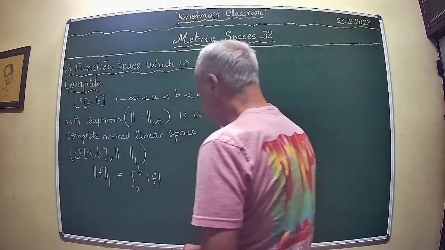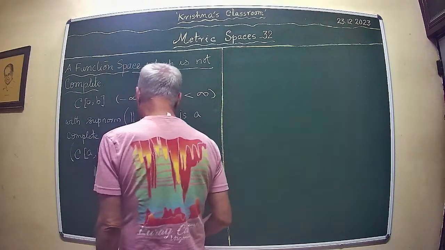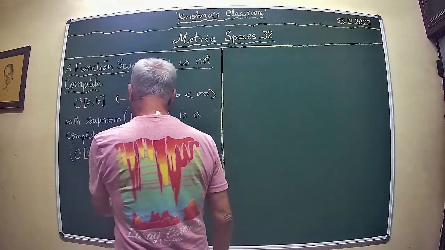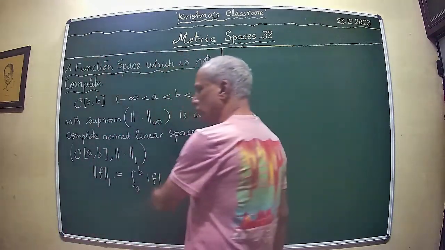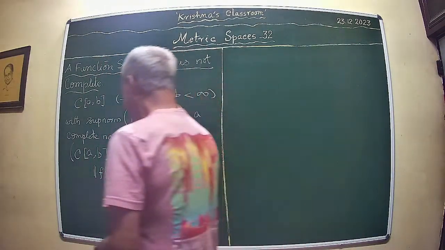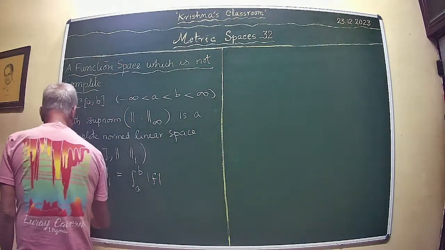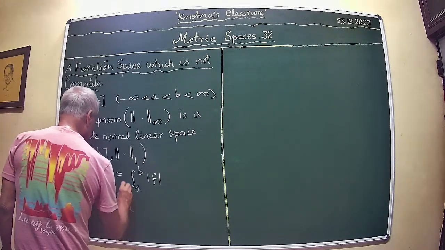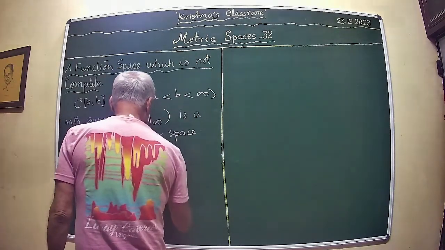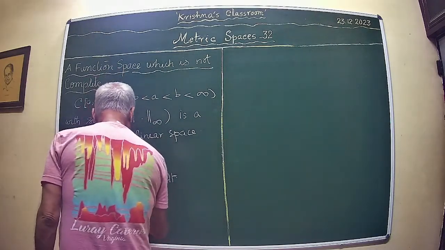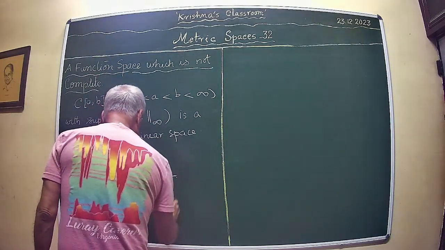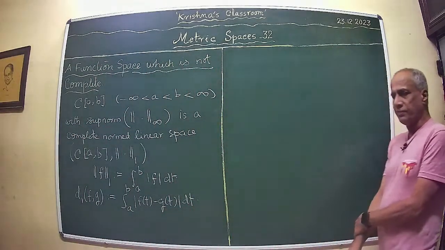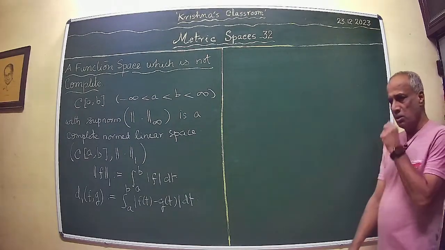And this is of course well defined and you can show that this is a norm, and consequently we have the distance function d1(f,g) defined as integral a to b mod f minus g. This is the d1 metric that is induced by the norm.